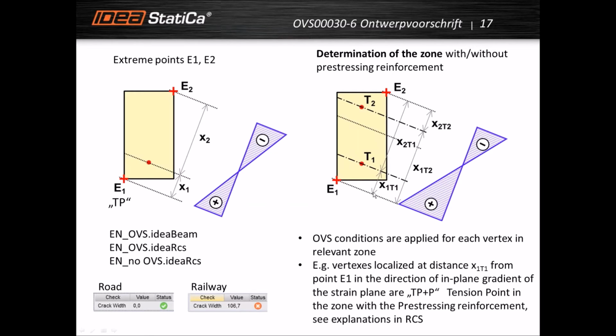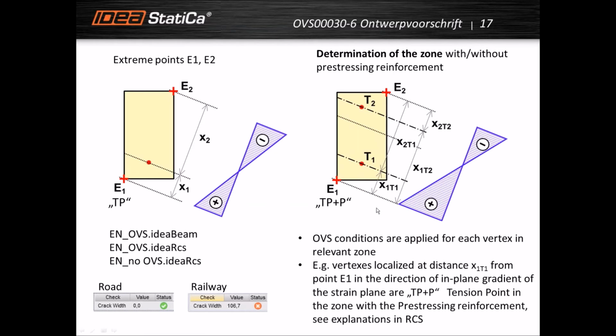In case that the dimension x1 T1, this one, is less than this one, x2 T1, related to tendon T1, the extreme point E1 is considered as the point with pre-stressing reinforcement. So we add to this TP plus P, which means that the tendon is located close to this point.